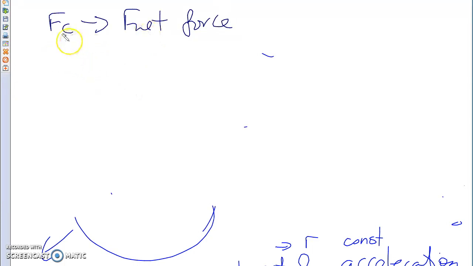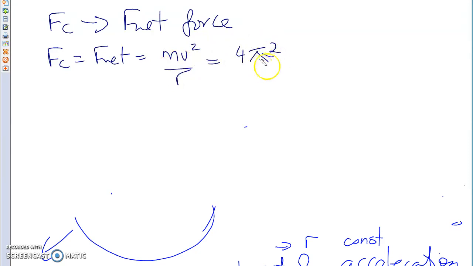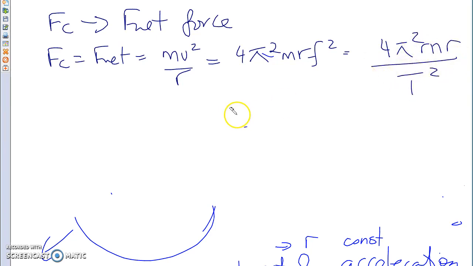So your FC, which equals F net, is mv squared over r, which equals 4 pi squared m r f squared, and 4 pi squared m r over T squared. These are some of the formulas, and of course FC equals F net, which also equals m a centripetal, m a_c.